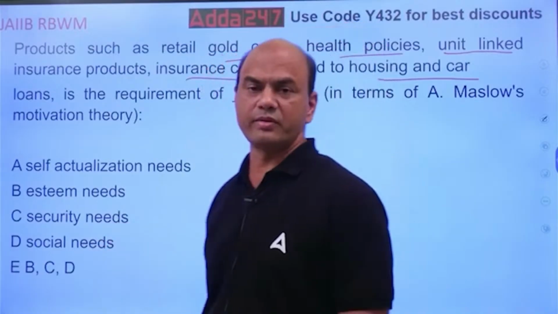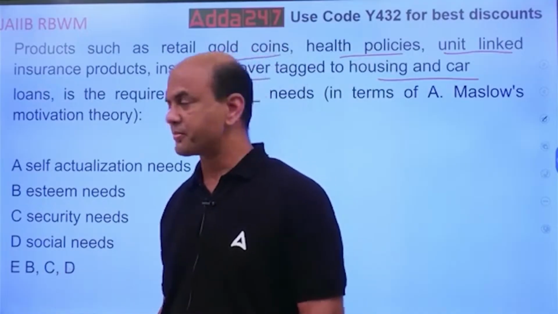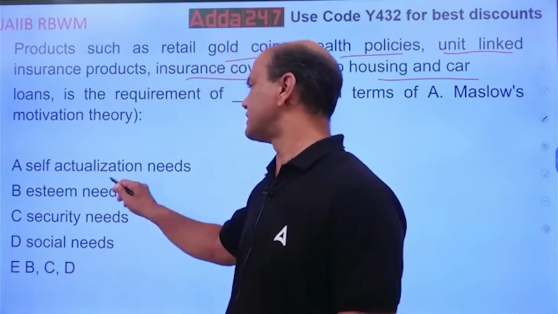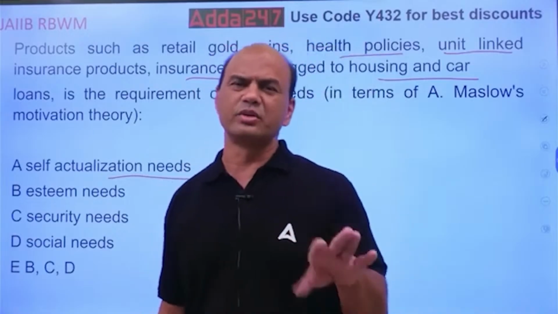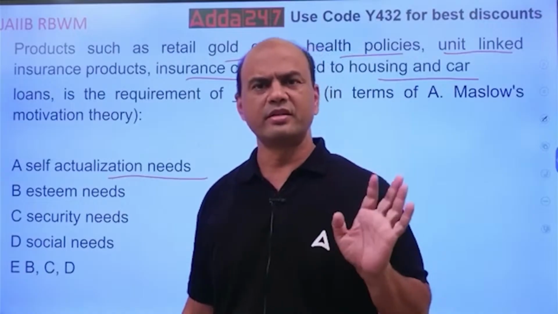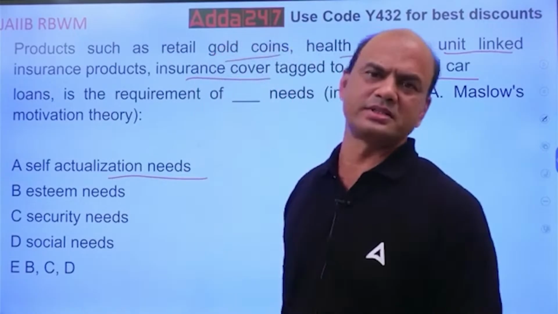So where is it required? Physiological is not given over here. B, C and D. Actualization, what does actualization mean? This person is generally an old person, above 60, 65, quite rich. So that person will never invest in insurance.